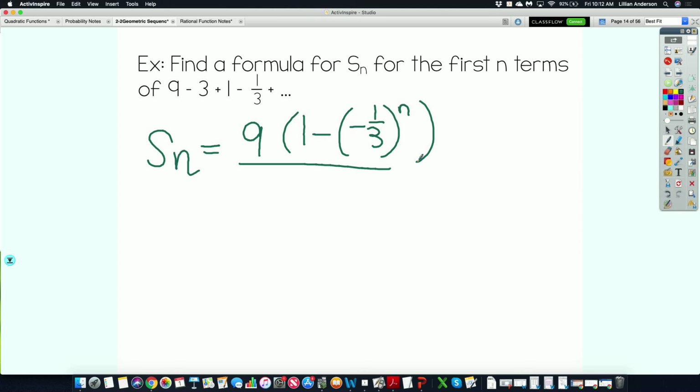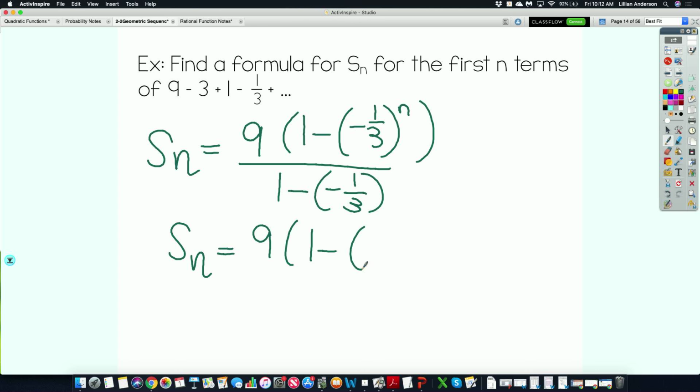No, because that n applies to the negative 1/3, not to the positive. So, be careful. Then on the bottom it's going to be 1 minus negative 1/3. Now this one I could write as 4/3. But the one on the top, I couldn't because there's a power being applied to it.